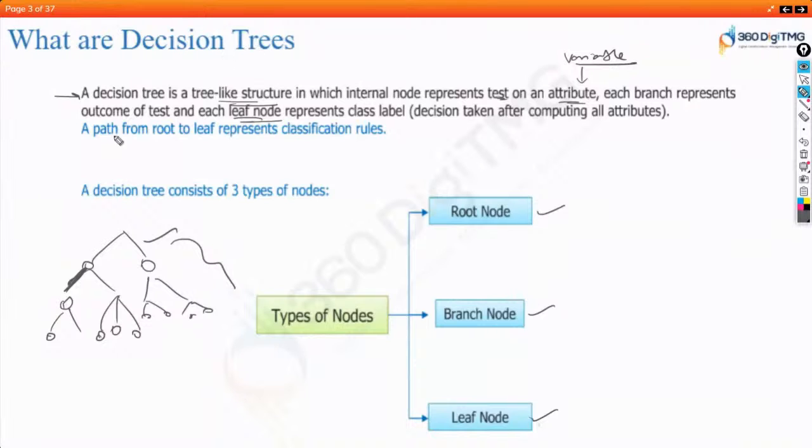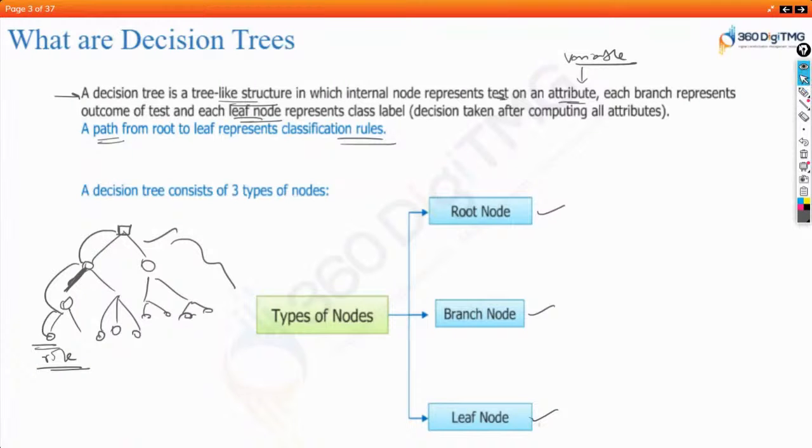It is called a rules-based technique because this tree-like diagram gives us rules to decide on output. A path from root to leaf is basically a classification rule, one rule.